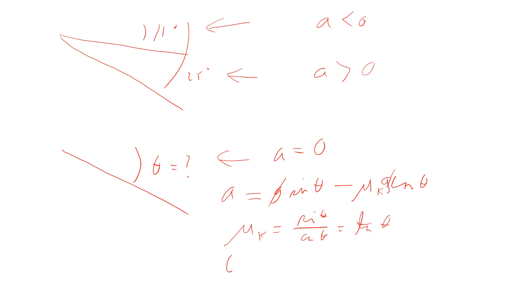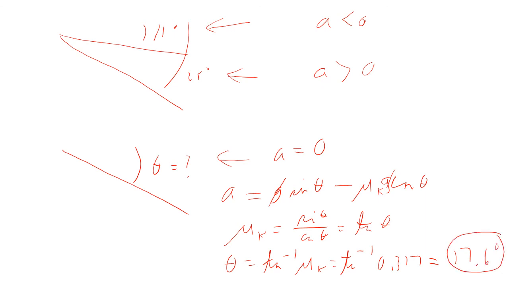So that means theta, the critical angle here, is going to be given by the arctangent of mu sub k. So that would be the arctangent of 0.317. So that comes out to be 17.6 degrees. At 17.6 degrees, this is this critical angle.